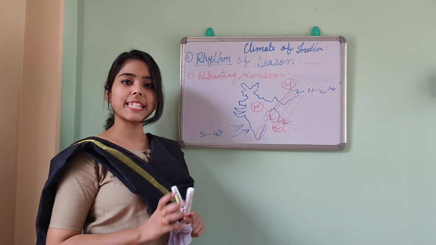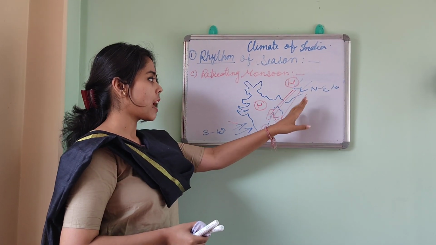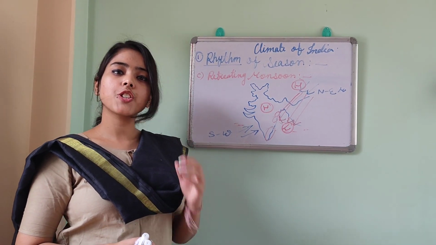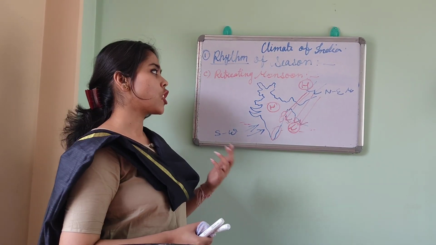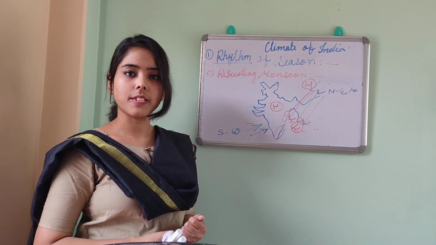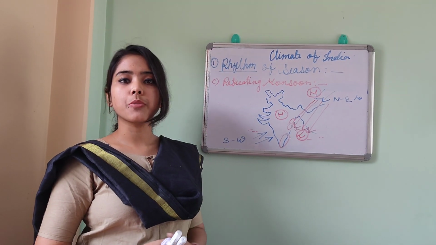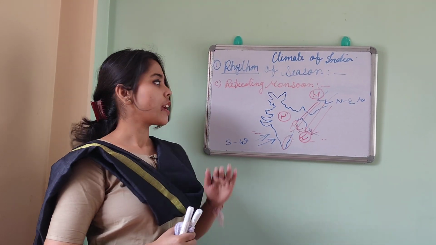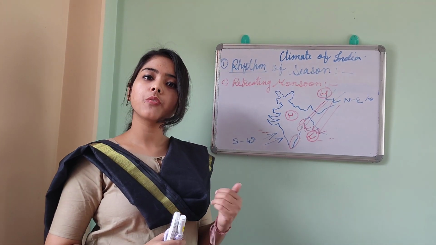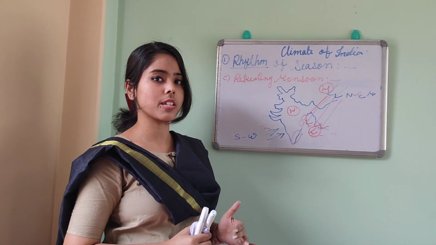Now, what is the basic characteristic of this monsoon? Generally in this type of season, the temperature remains high, not so much less, and you can experience huge humidity. But this high temperature will be coupled with a clear sky. Now, clear sky means generally in the months of September, October, we don't experience that much rainfall, right? Because it is not the proper monsoon season.